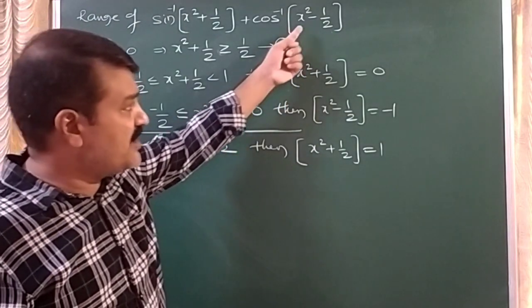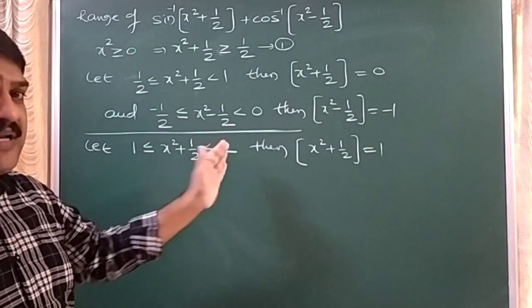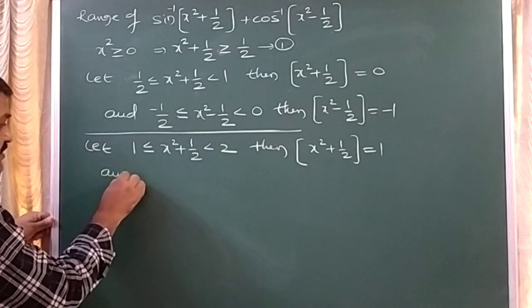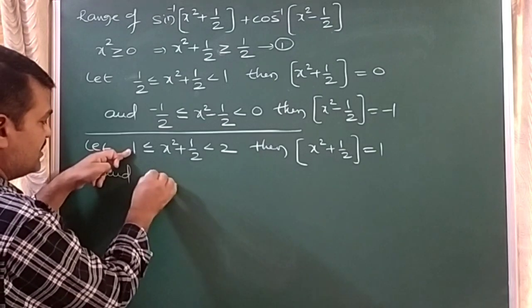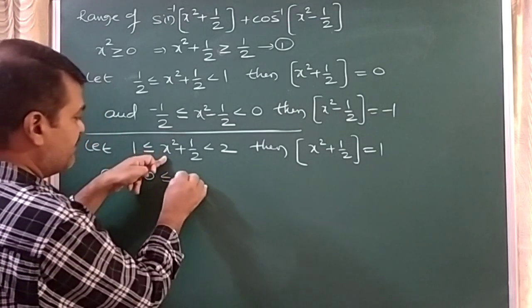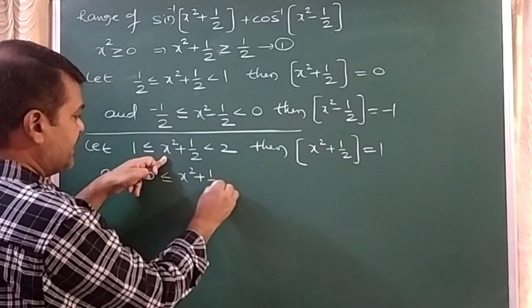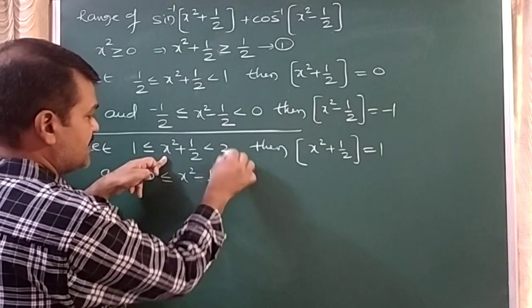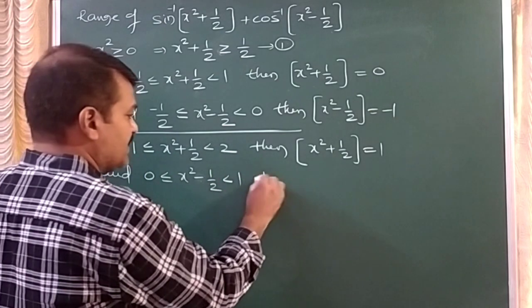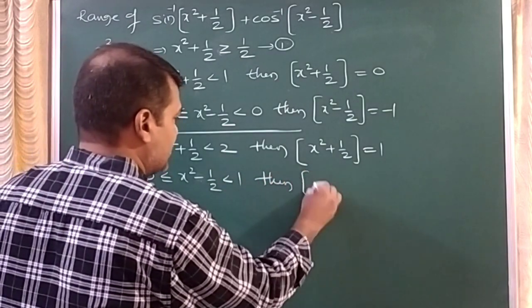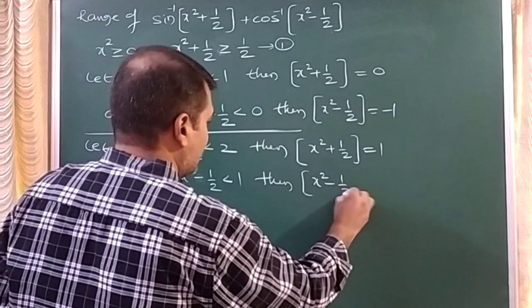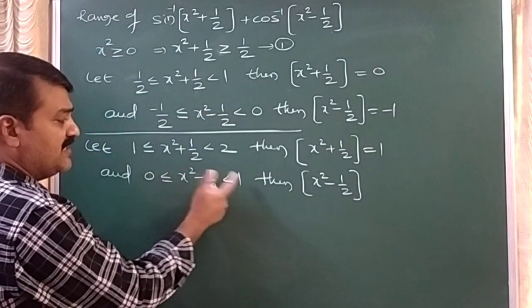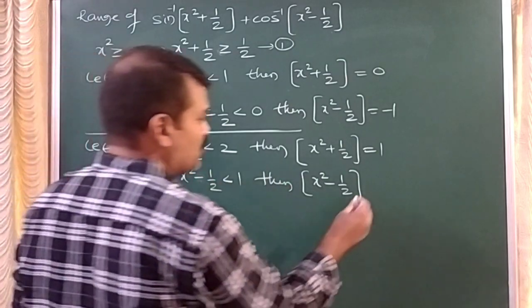If you want x² − 1/2, just subtract 1 as we have done here. 1 minus 1 is 0, so x² − 1/2 lies between 0 and 1. What will be the step? 0.